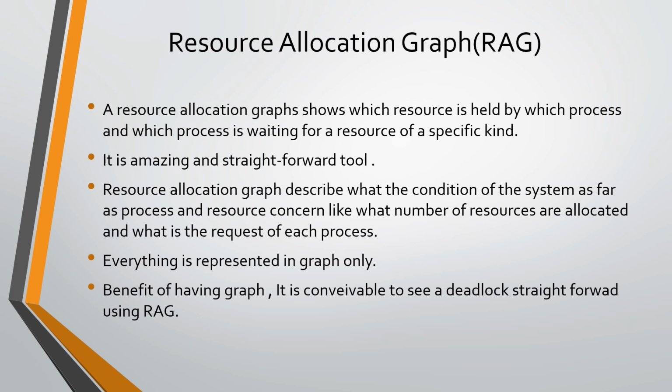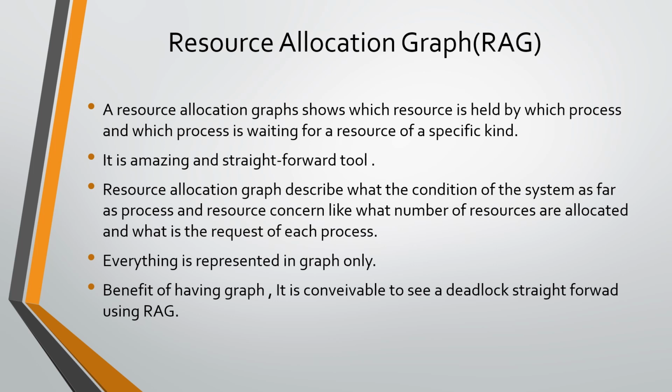Coming to our topic, Resource Allocation Graph, also known as RAG. A resource allocation graph shows which resource is held by which process and which process is waiting for a resource of a specific kind. It is an amazing and straightforward tool.